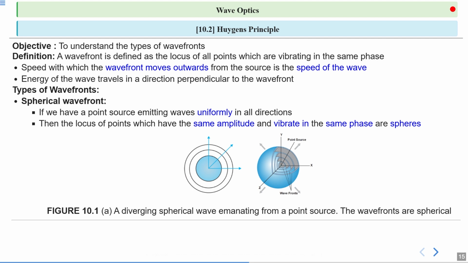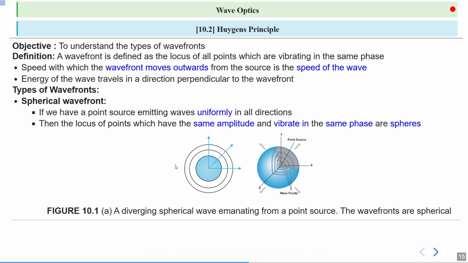So you can see in figure 10.1a, a diverging spherical wave emanating from a point. In 2D, these wavefronts are shown as circular paths, but in 3D space, these wavefronts are in the form of spheres.